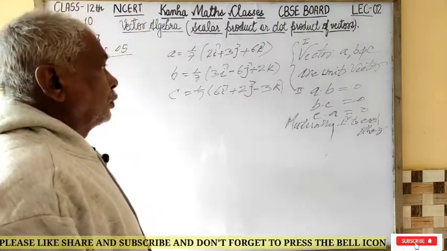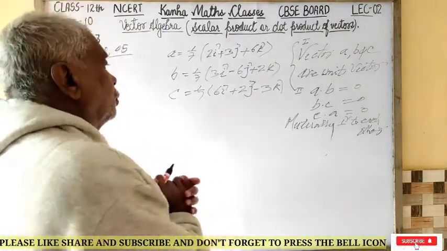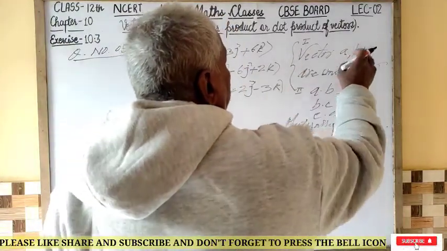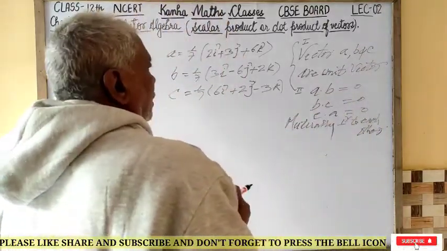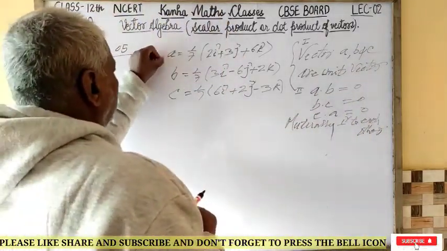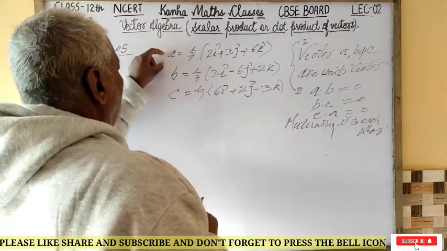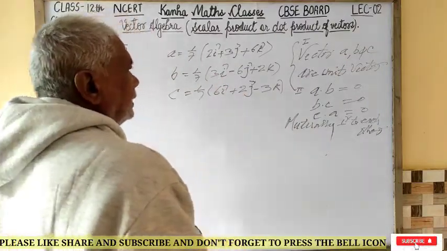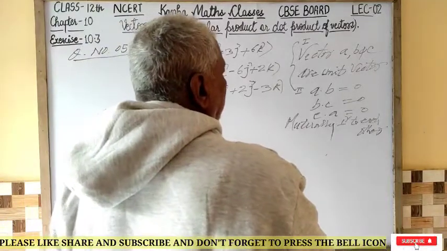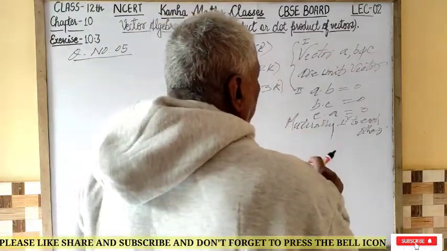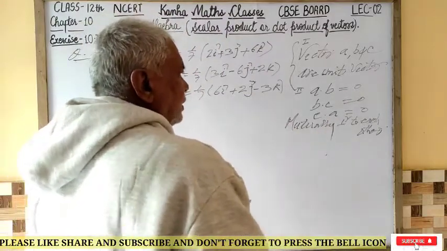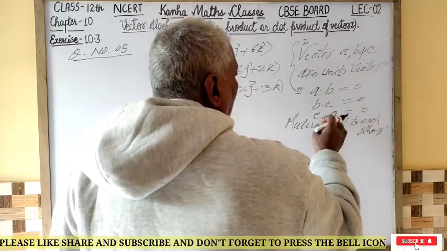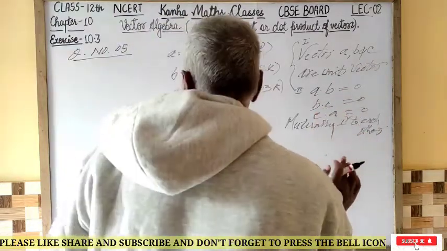In this question we have to prove two things. First, vectors A, B and C are unit vectors, which means the magnitude of each vector, mod A, mod B, mod C, will be 1. Secondly, all three vectors are mutually perpendicular to each other, which means the dot product of A and B is 0, of B and C is 0, and of C and A is 0.